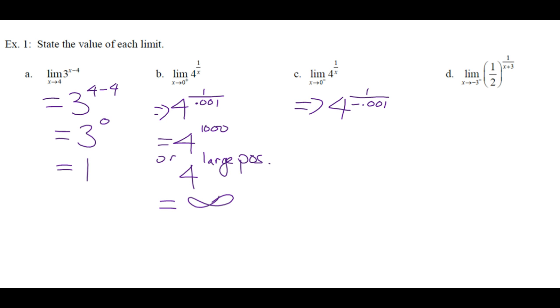Below 0 is negative. So we've got 4 to the 1 over negative 0.001. So what's this? It's 4 to the power of what? A large negative number.